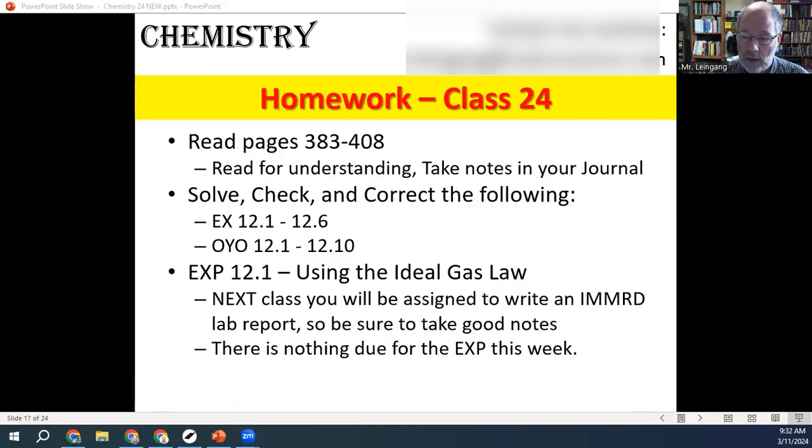If you were to go in and look in the Module 12 folder, you will see that there is a lab report for 12.1 next week, but not this week. So the idea is this week you'll do the experiment, next week you'll write the lab report. And so be aware of that. Make sure that you take good notes as you go through and conduct your experiment so that you can produce your lab report next week.